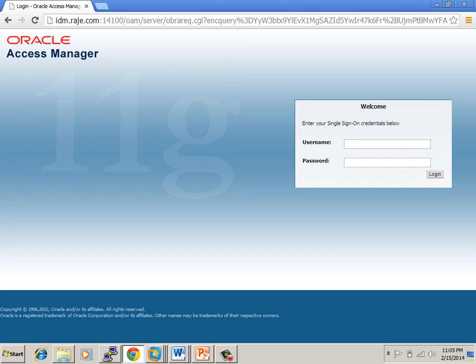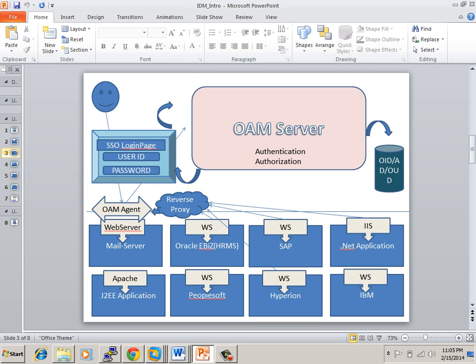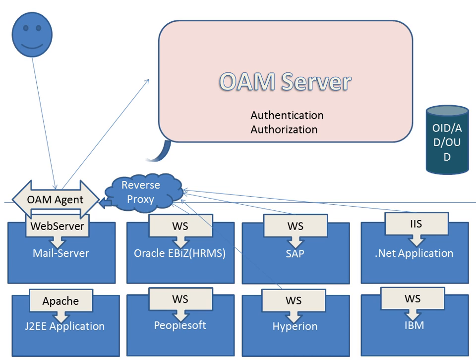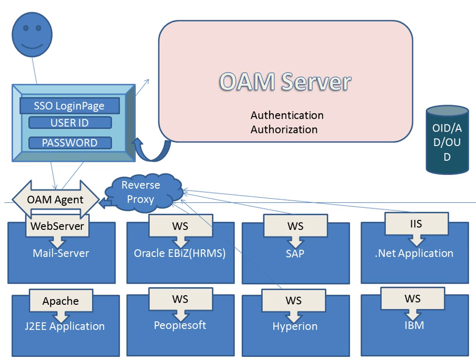The moment I click on it, the SSO page comes. If I map it here, a user wants to access a resource, the OM agent sitting on top of the web server intercepts that request and passes it to the OM server, and the OM server then presents the SSO login page.